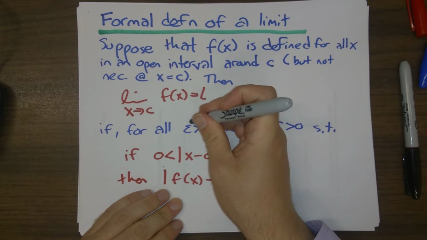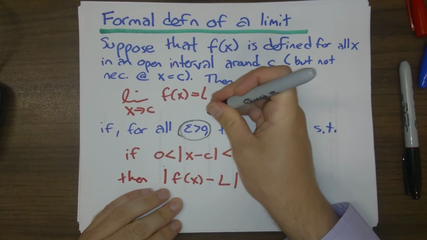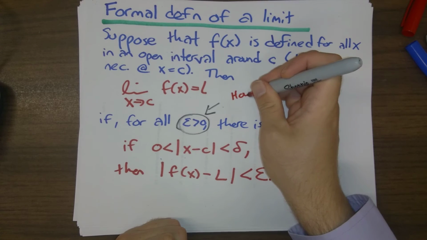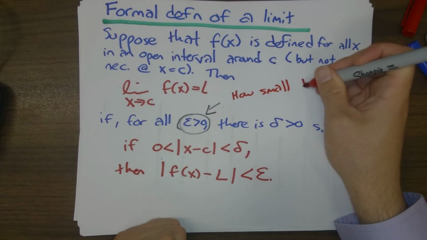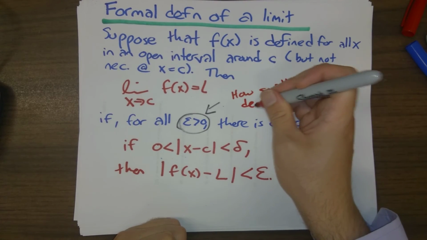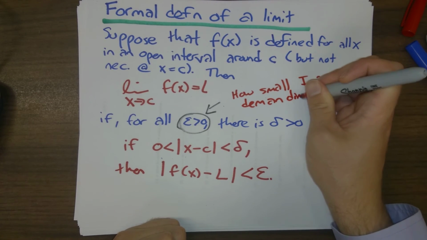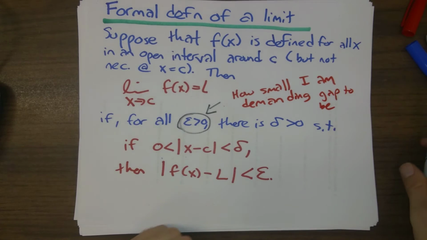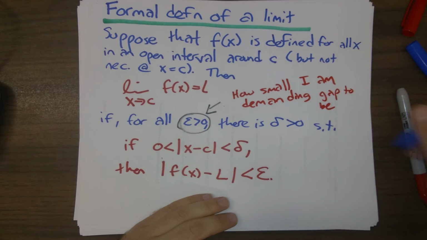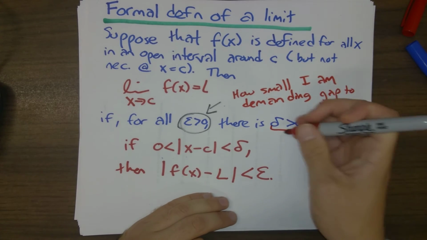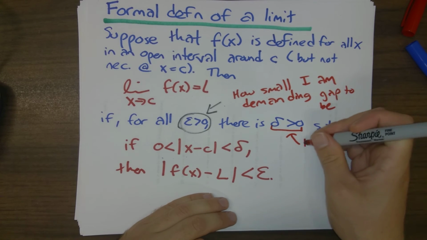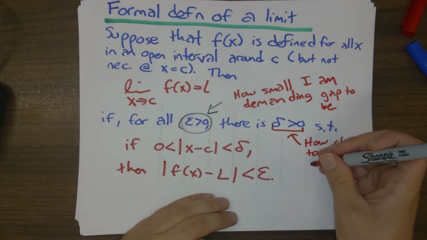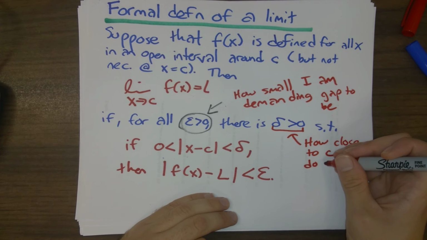For all epsilon greater than 0, this is how small I am demanding the gap to be. And then this delta here, this is how close to c we should be.